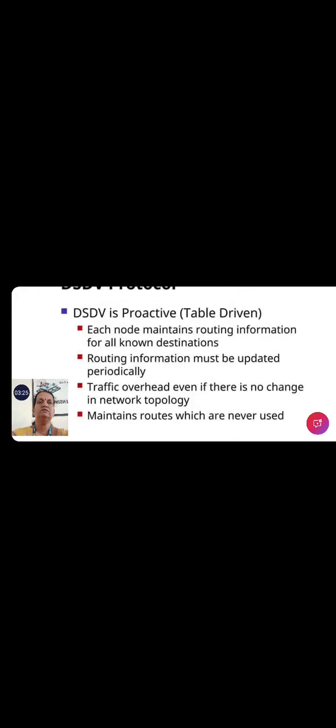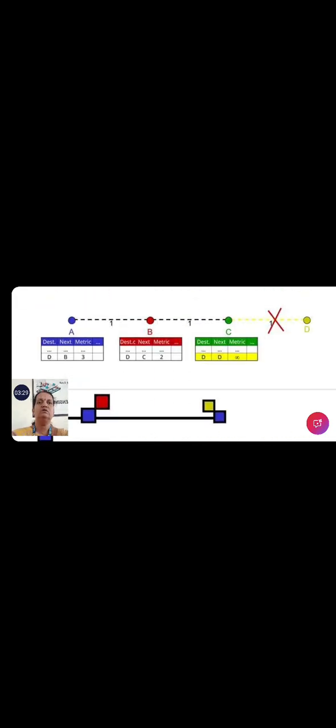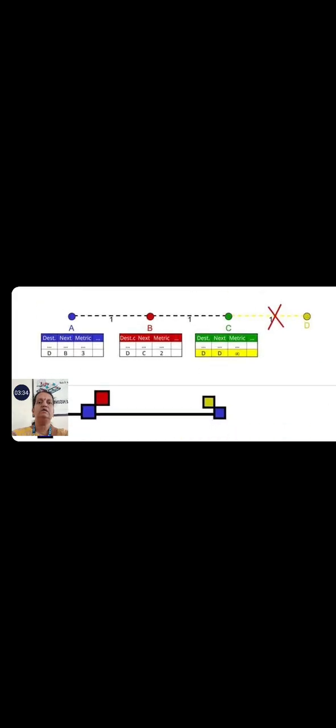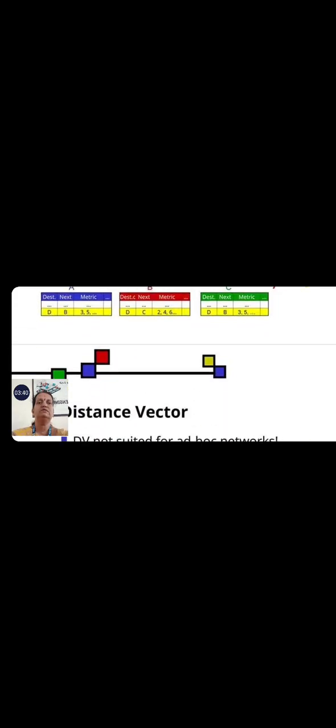You can just imagine the previous diagram of A, B, C, D nodes. B is next to A, C is next to B, and D is next to C.